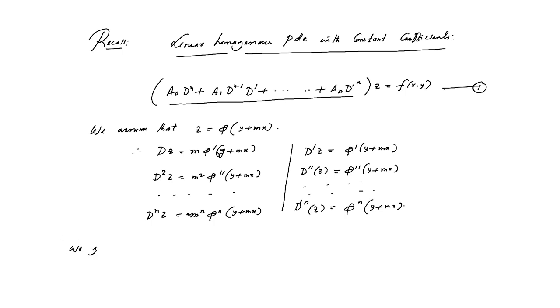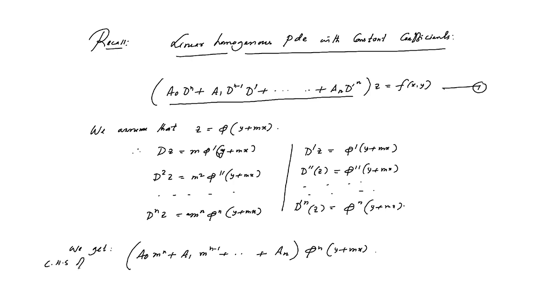We get (a0 m^n plus a1 m^(n-1) plus ... plus an) phi^(n)(y plus mx). That will be the left hand side of 1.